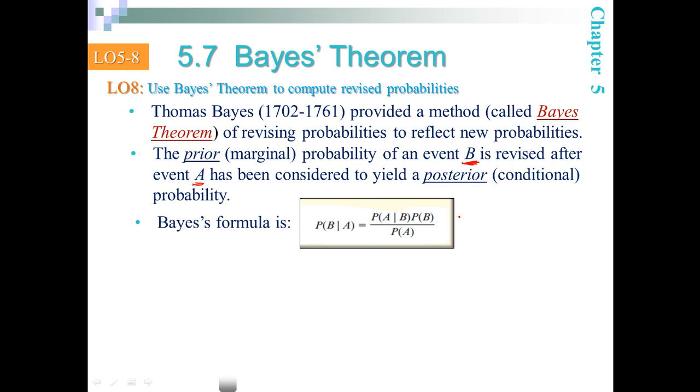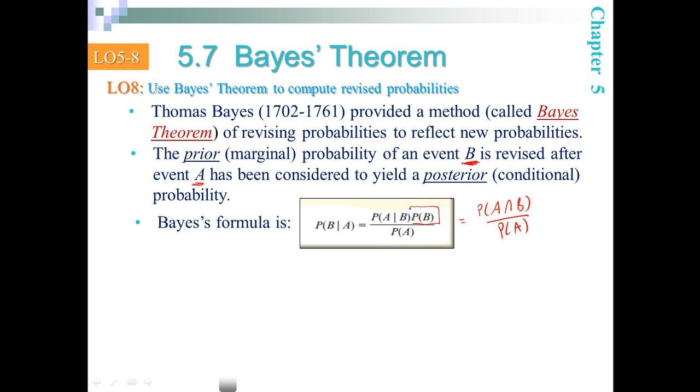Now this is really the same thing as writing, as we discussed previously, the probability of the intersection of those things divided by the probability of A. But where this becomes powerful is when we don't know what the probability of the intersection is. We've got these conditional probabilities.